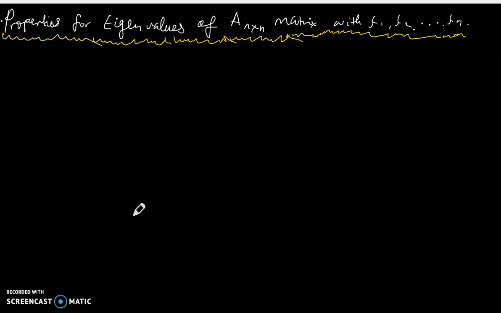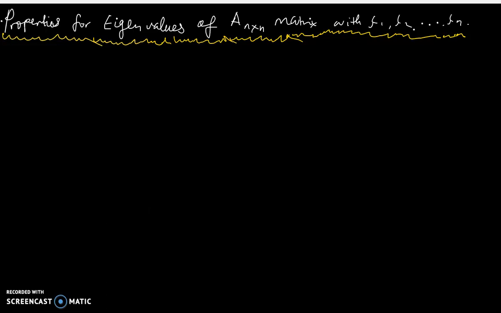So it is good for us to know the properties of eigenvalues, as these properties will tell us what we intend to investigate as we want to find eigenvalues and eigenvectors, and that will take us to the Hamilton theorem.